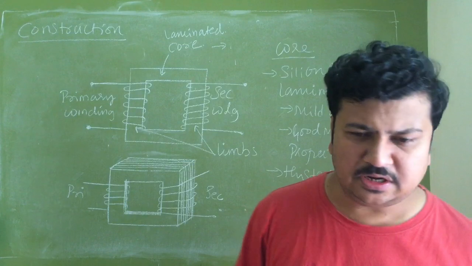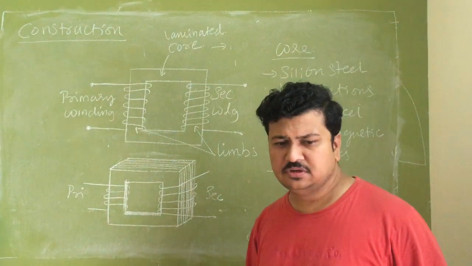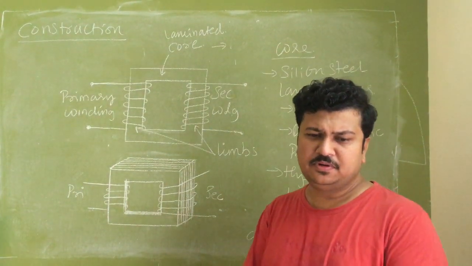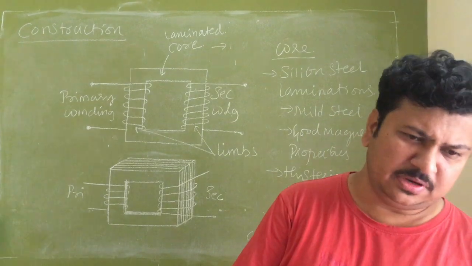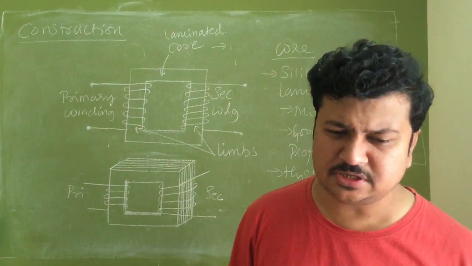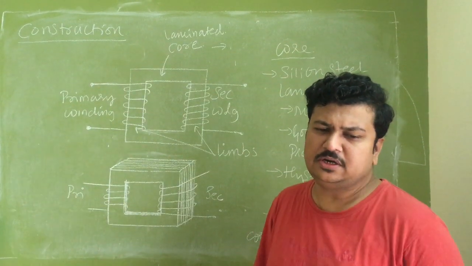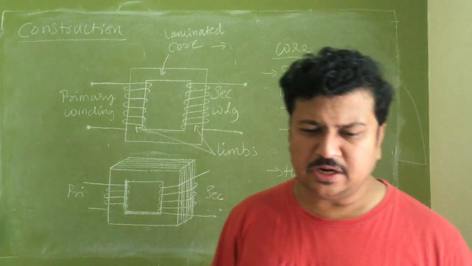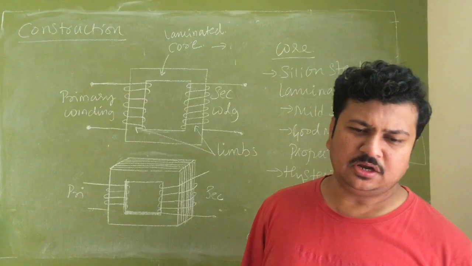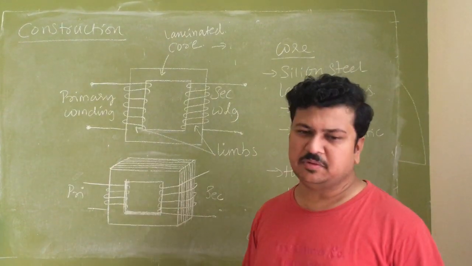Winding is generally kept on the two limbs. The winding is made up of either copper conductor or aluminum conductor depending upon my application, but both are used. There are no other conductors that we generally use. The best conductor is silver, but we can't afford to use silver as a conductor in a transformer.